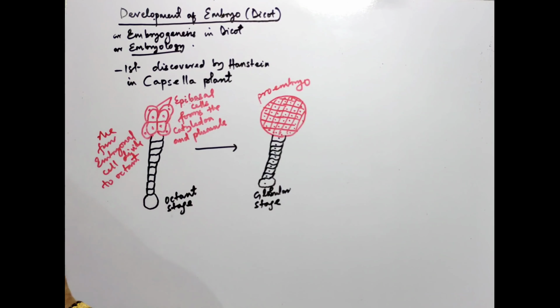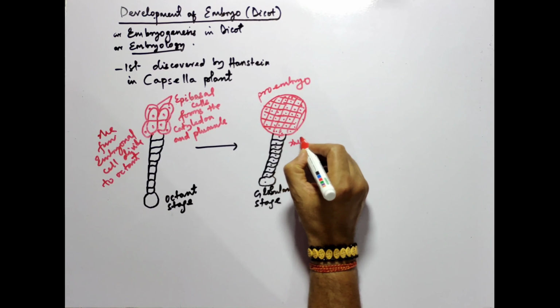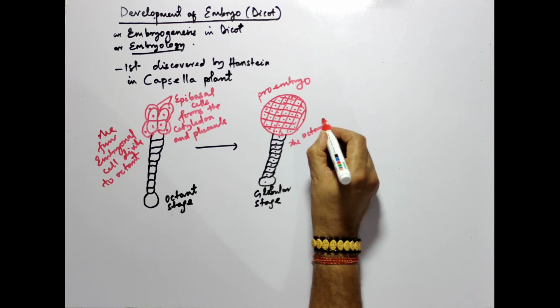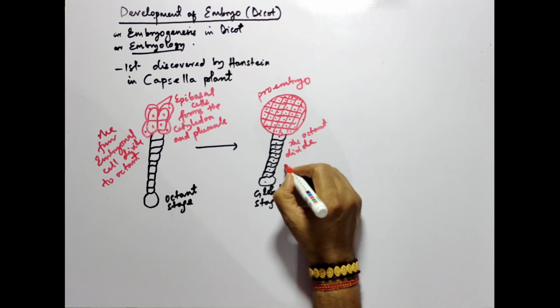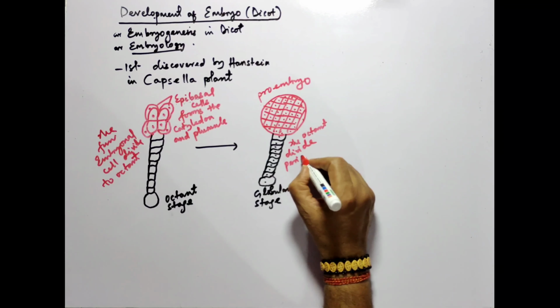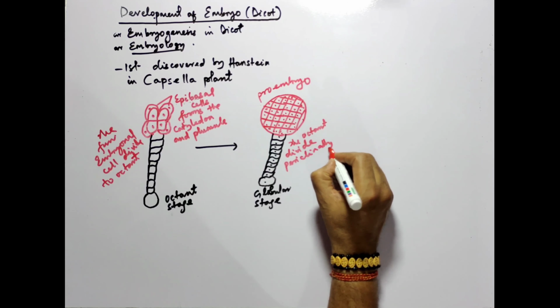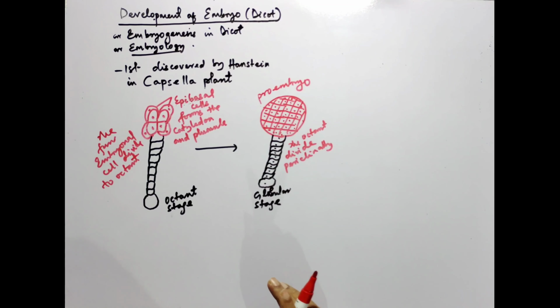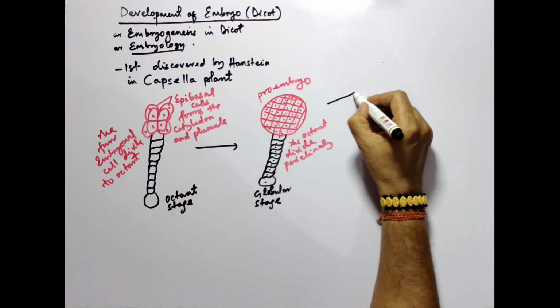We can specify here also the octant, the previous stage, divides periclinally. Peri means to surround, clinally means this lateral direction, to form this pro-embryo.